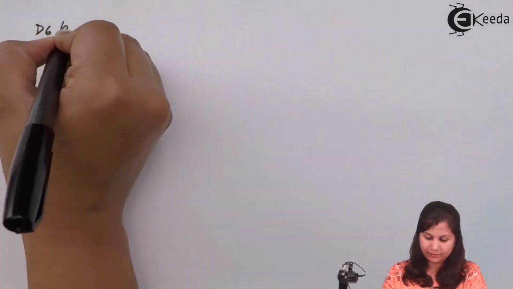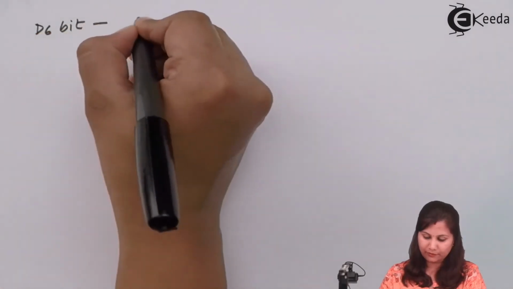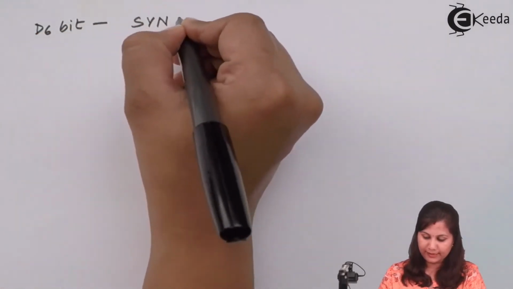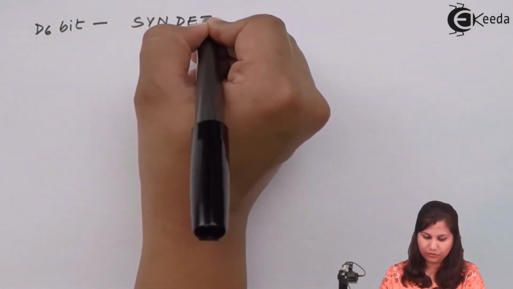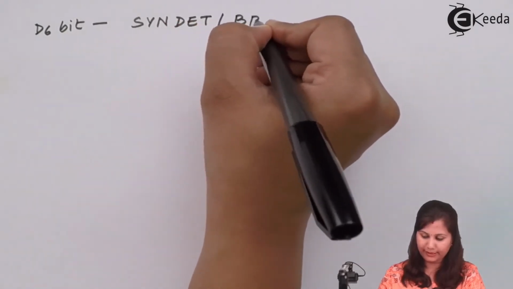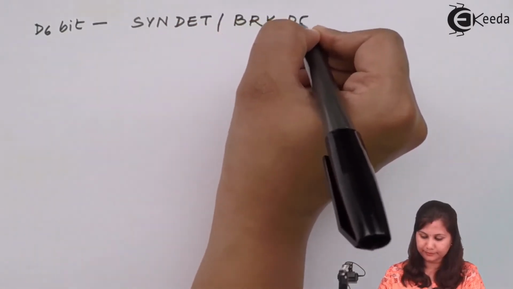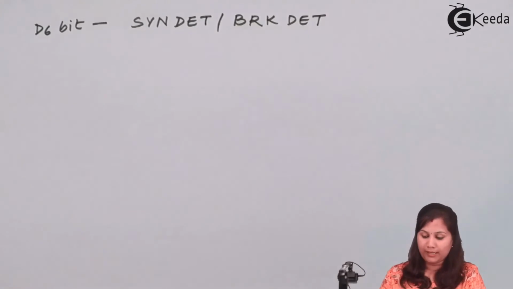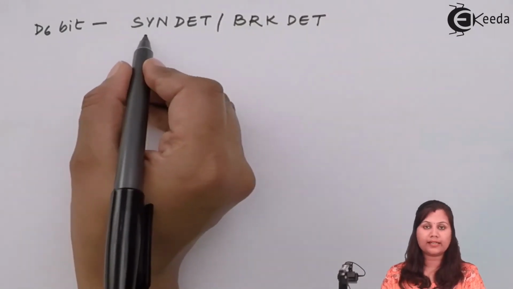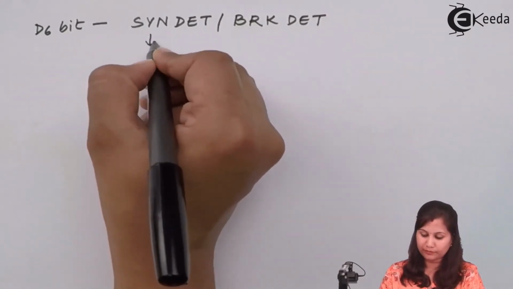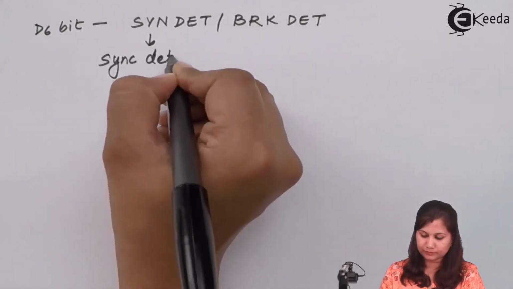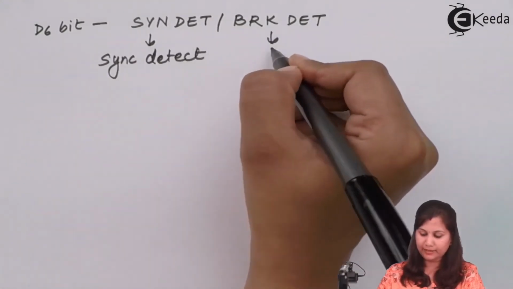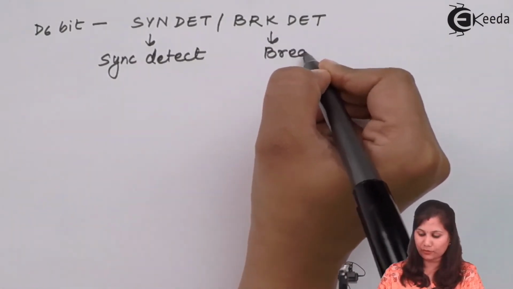Next 2 bits we have are D6 and D7. The D6 bit is for sync detect or break detect. Sync detect is used in the case of synchronous mode, and break detect is used in the case of asynchronous mode.